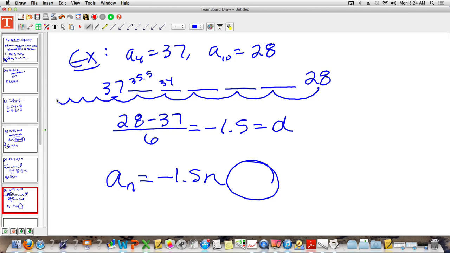The positive 1.5. So I have to go positive 1.5, but how many times do I go positive 1.5? 4. So you do 1.5 times 4. 1.5 times 4 is 6. So my very starting value is going to be a 6.